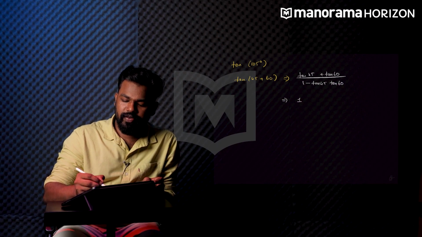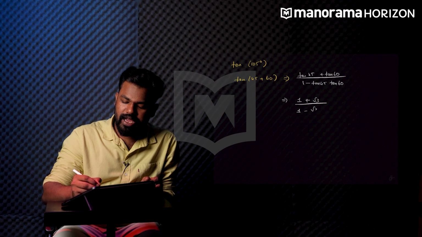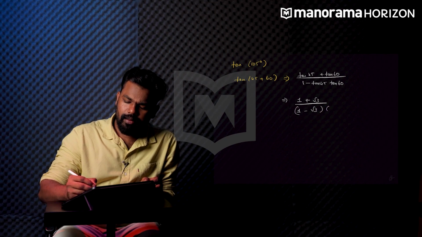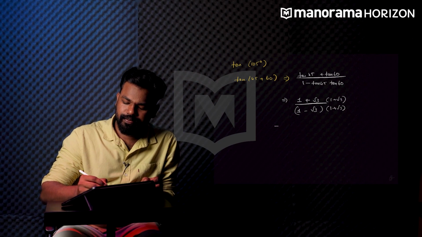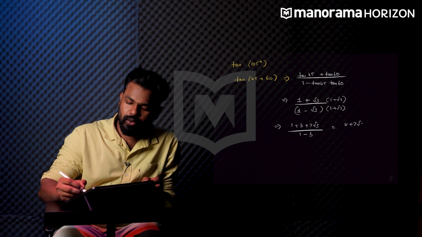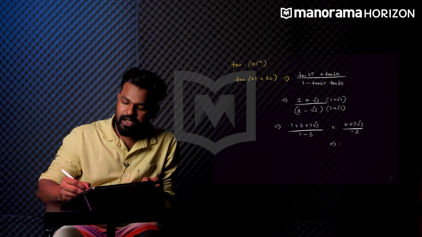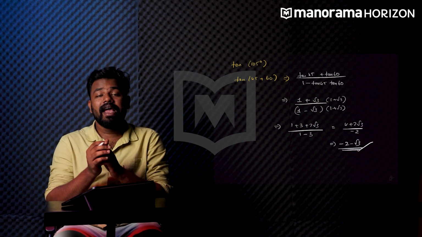Put in the values: tan 45 is 1 and tan 60 is root 3. So 1 plus root 3 by 1 minus root 3. Multiply by the conjugate 1 plus root 3 in the numerator and denominator, and you get 1 plus 3 plus 2 root 3 by 1 minus 3, that is 4 plus 2 root 3 by minus 2, which is minus 2 minus root 3. So this is the value of tan 105 degrees.